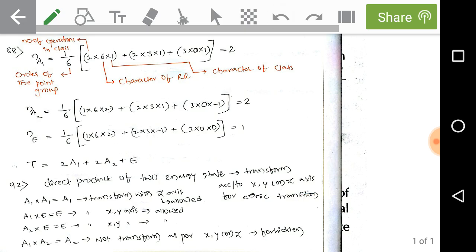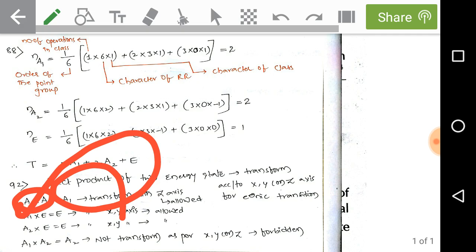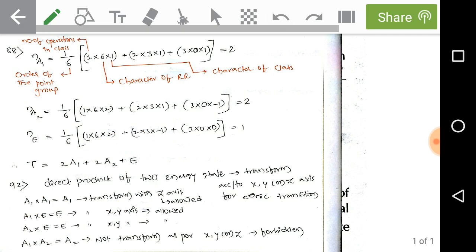For example, if you take the A1 and A2 product, it results in A1, that is it is transforming with the z axis, and that is allowed. So the product of the two Mullikan symbols produces one of them, that is A1, transforming along the z-axis, and that is allowed. Whenever we take the product of A1 and E, it results in E, and that is x comma y, and that is also allowed.